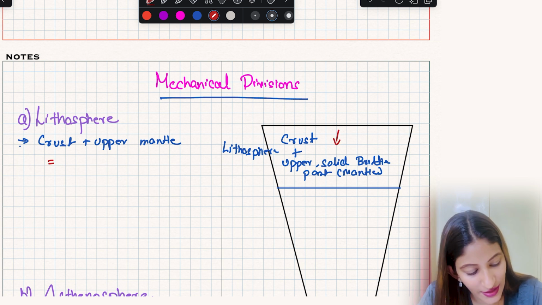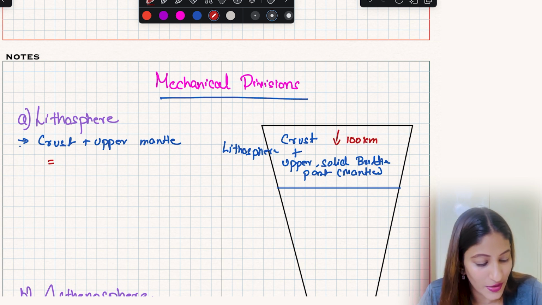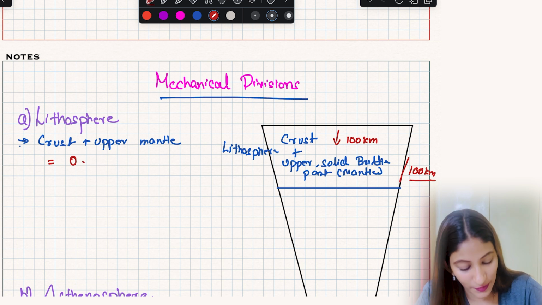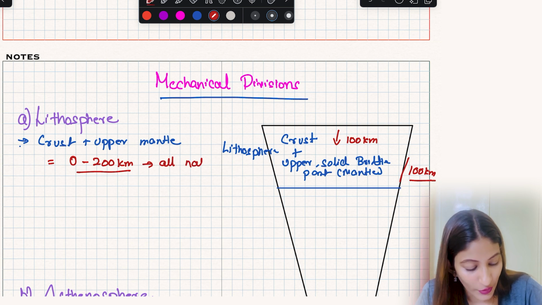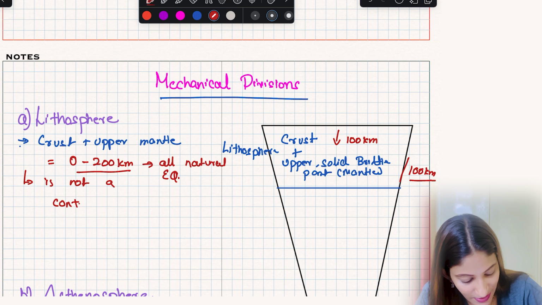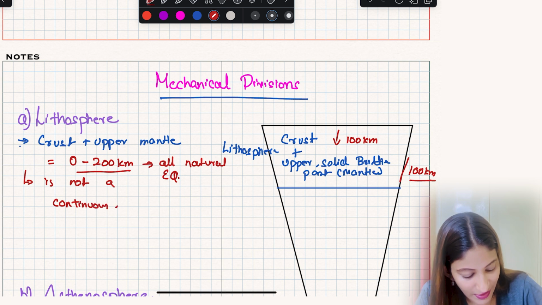Now, given that the crust is approximately 100 kilometers, the next 100 kilometers belong to the upper brittle mantle. So a lithospheric plate is generally 0 to 200 kilometers deep. And all natural earthquakes come here only. All natural earthquakes. The lithosphere is not a continuous layer. Keep this in mind. This is not a continuous layer.